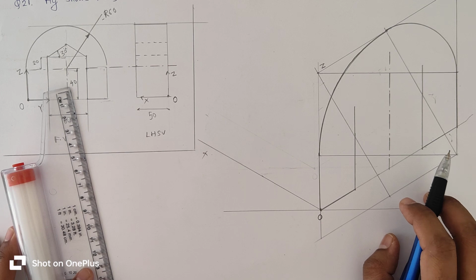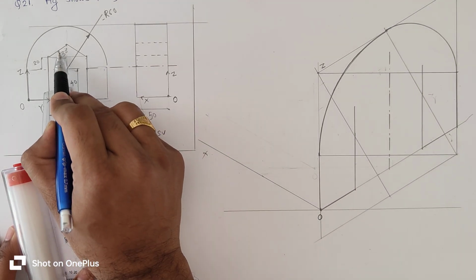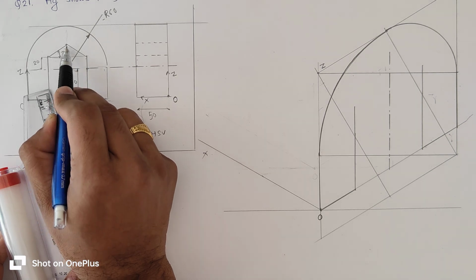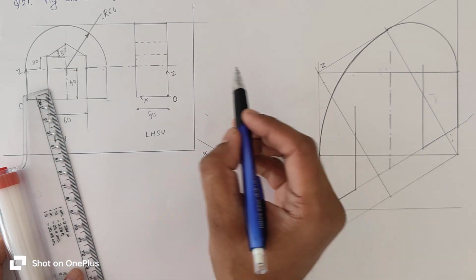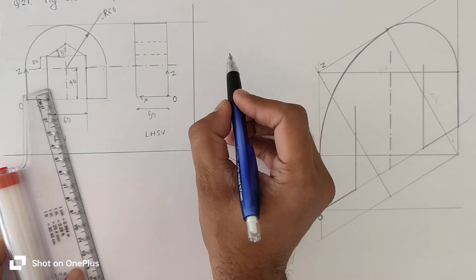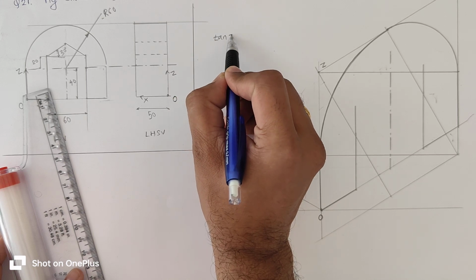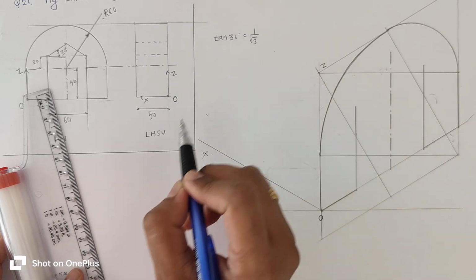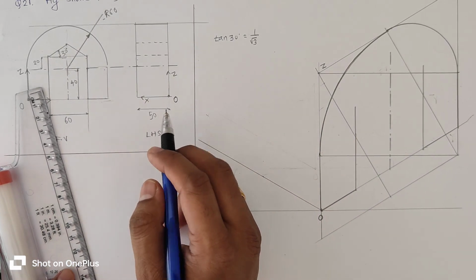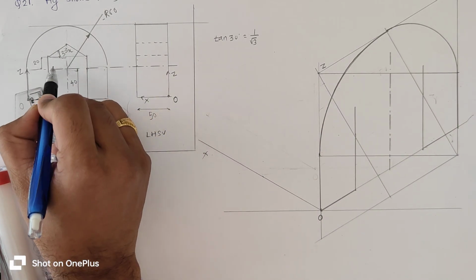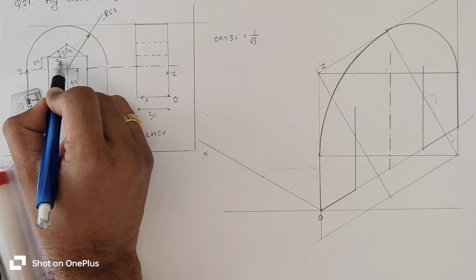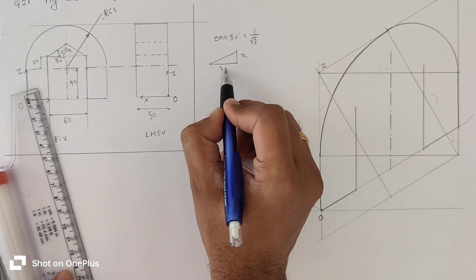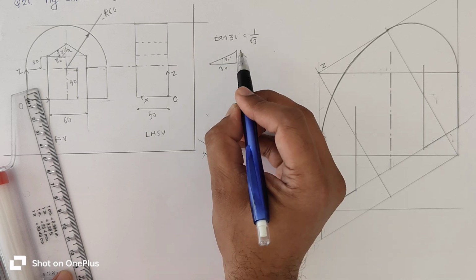Now as this angle is 30 and this distance is 30, applying trigonometry, the tan of 30 is equal to 1 upon root 3, and suppose this distance is x and this distance is 30, right? So this is a right angle triangle, this is x, this is 30, this angle is 30 degree.